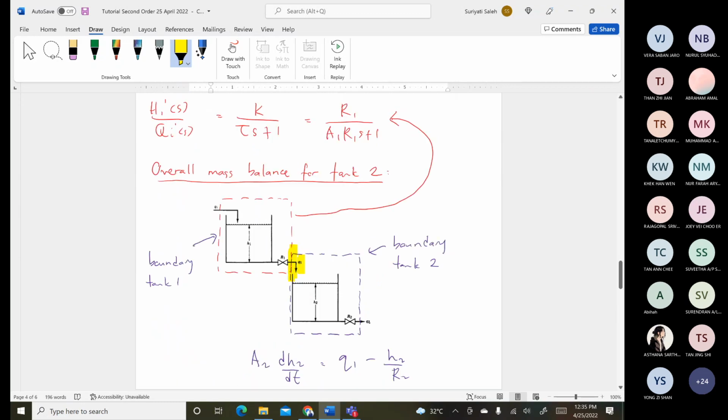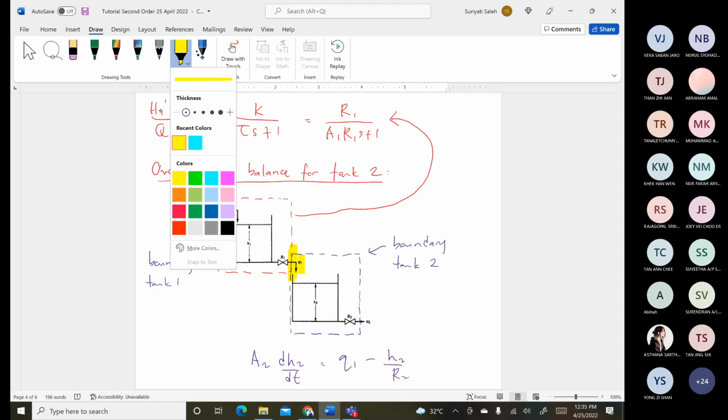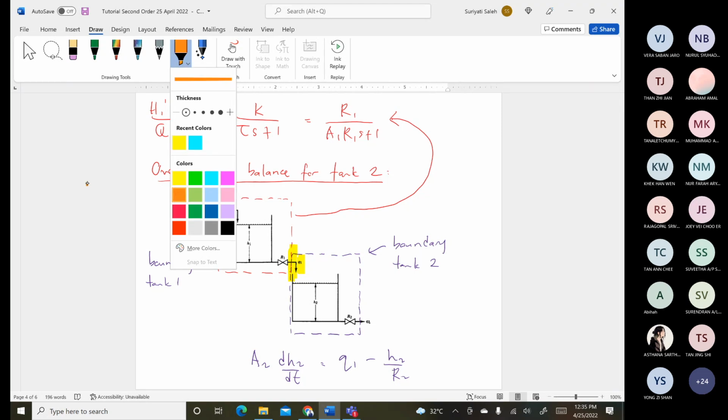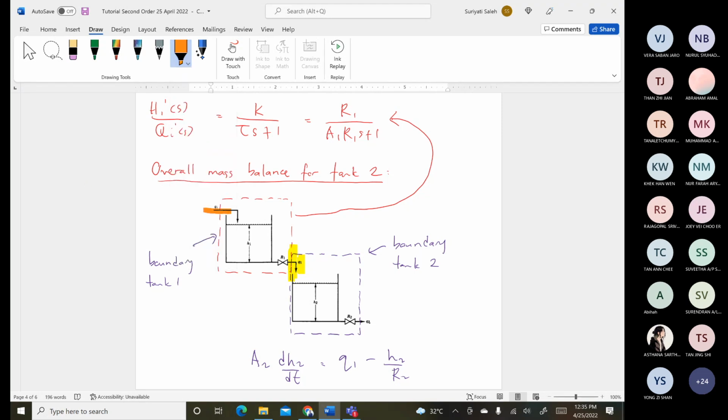So if we try to imagine, this is the flow coming into the system, and then from the tank it will go to this before it goes to this, and lastly it exits. So in this case we have the Q1, the H1, and then it will go to the R1.